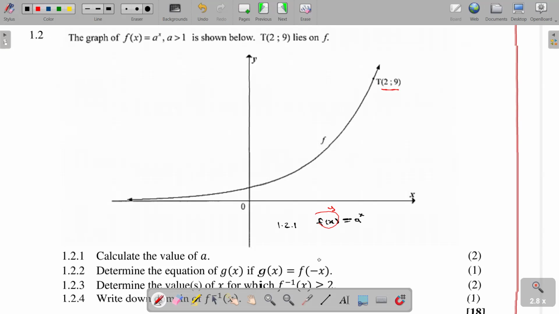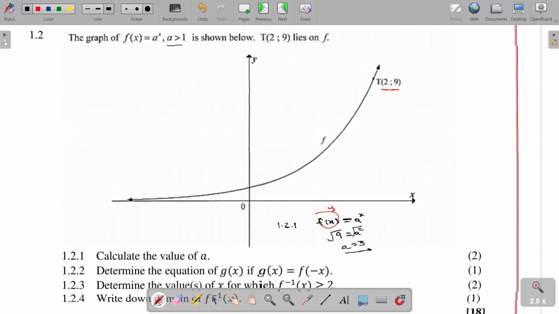So here our y is 9. So 9 is equal to a to the power x. Our x there is 2. Since we are told that a is greater than 1, we solve for a by putting the square root on both sides. So the square root of a squared is a. We are not going to put plus or minus because we are already told that our answer is positive there. So our a is equal to 3.